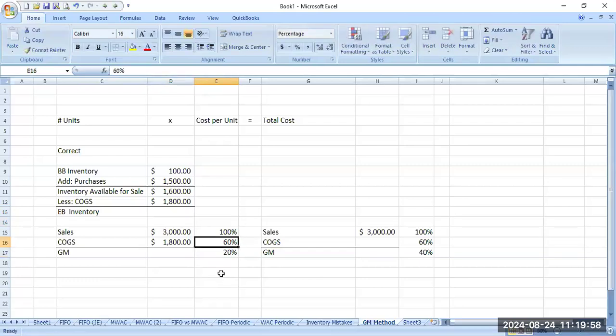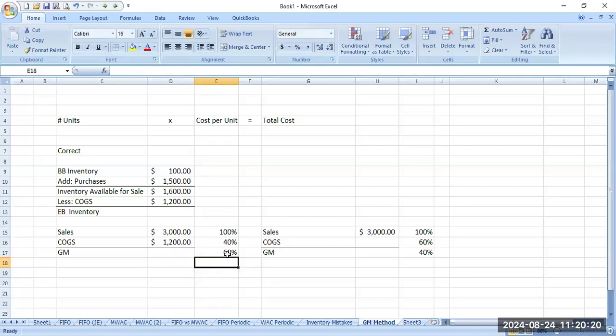If my gross margin is 20%, then my cost of goods sold percentage will be 100 minus 20, which is 80%. That doesn't work either, does it? So I need less, 60%. So that's going to work.